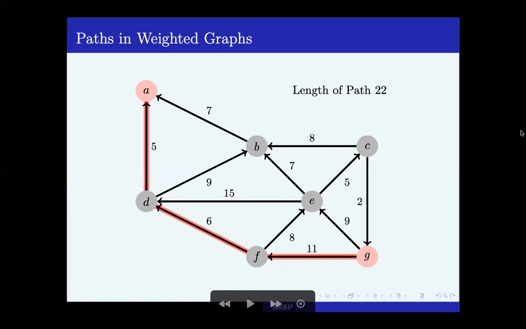So finding out the shortest path between two vertices is one of the most important problems in this field of graph theory. And this is what we will try to solve.